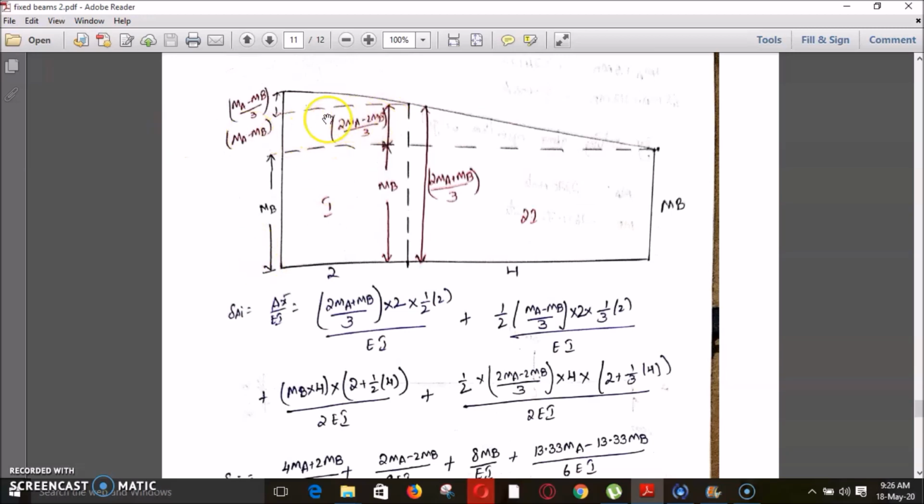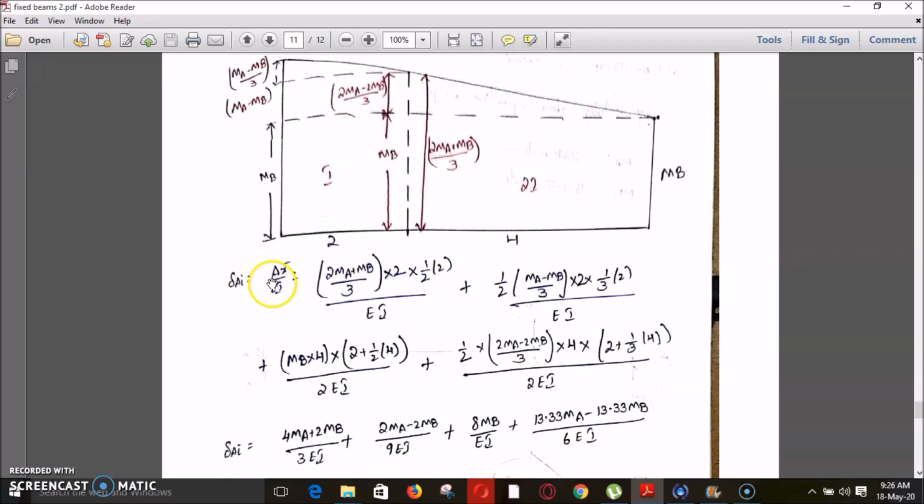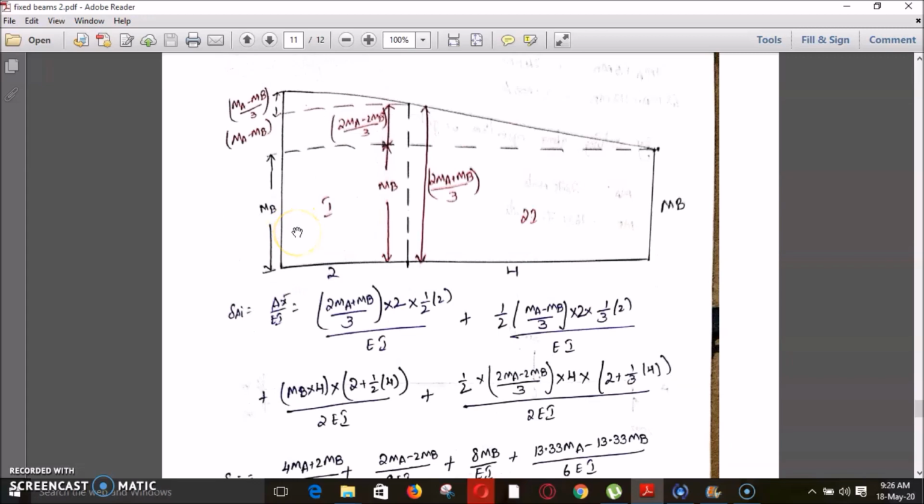again I am taking the same considerations, and again I have to solve all this: a rectangle, a triangle, again a rectangle and a triangle. So for delta AI, the area of this rectangle is (2 MA plus MB)/3 into this length L into B. So this length is 2.